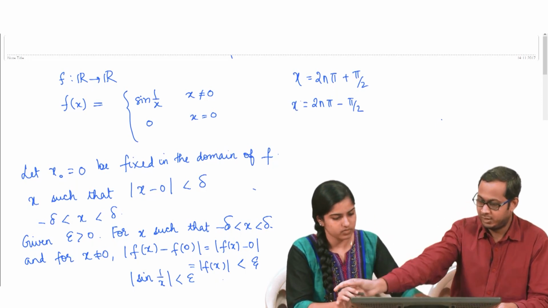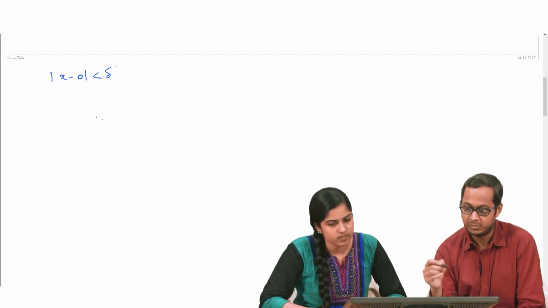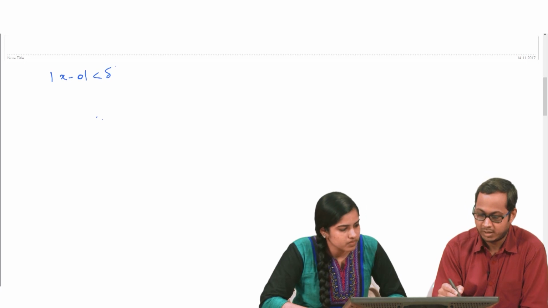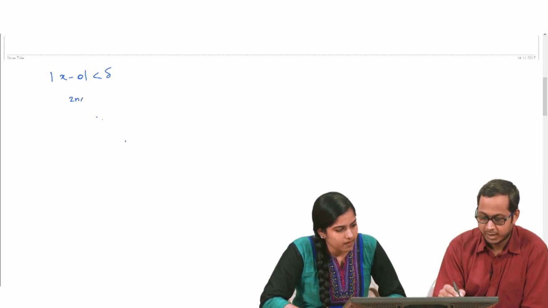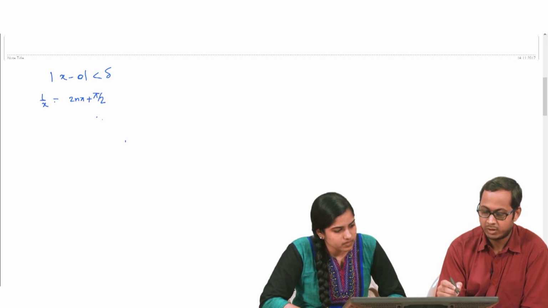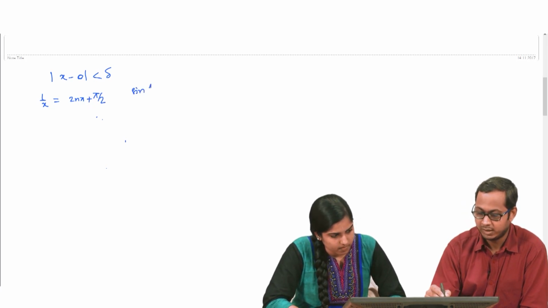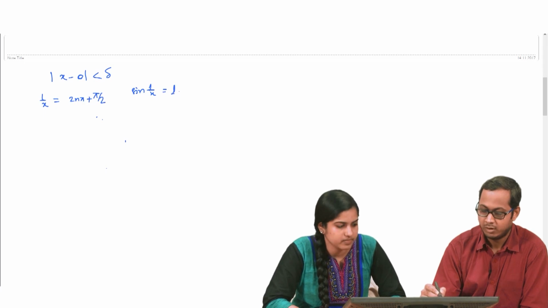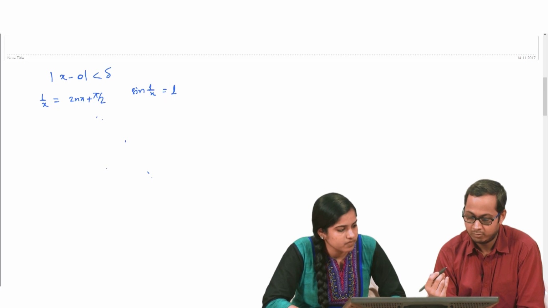Let me conclude. If modulus of x minus 0 is less than delta, I need f of x minus f of 0, that is sine 1 by x, less than epsilon. But when 1 by x is 2n pi plus pi by 2, sine 1 by x becomes 1, or when it is 2n pi minus pi by 2, it becomes minus 1.